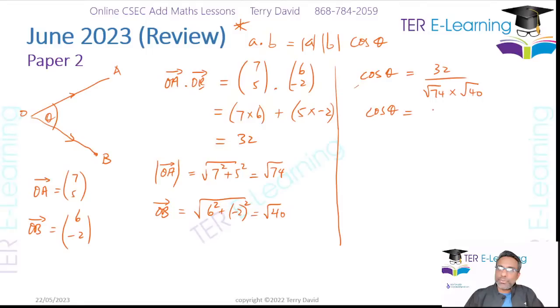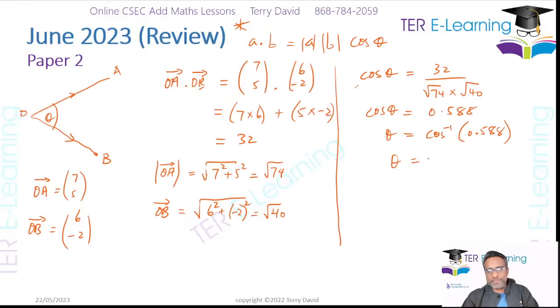So we're going to get 0.588. So therefore theta is arc cos 0.588. So theta is equal to about 54 degrees.